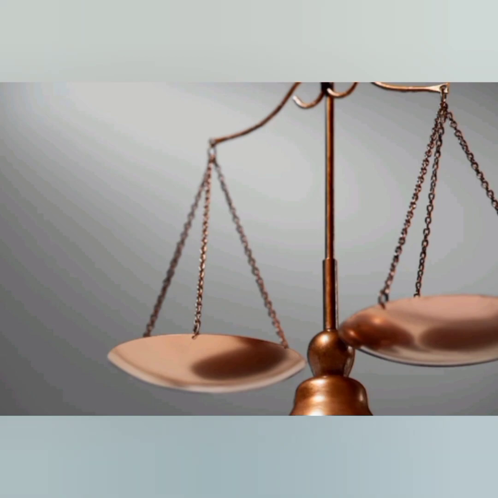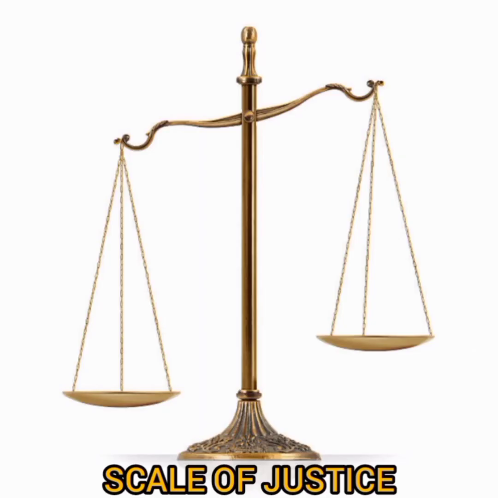The next symbol on the statue is called the scale. This is referred to as the scale of justice, where the strength of every evidence brought before the court is measured to determine which has the greater weight. So what this simply means is that when a case is taken to court, the judge is expected to give a ruling based on the preponderance of evidence.